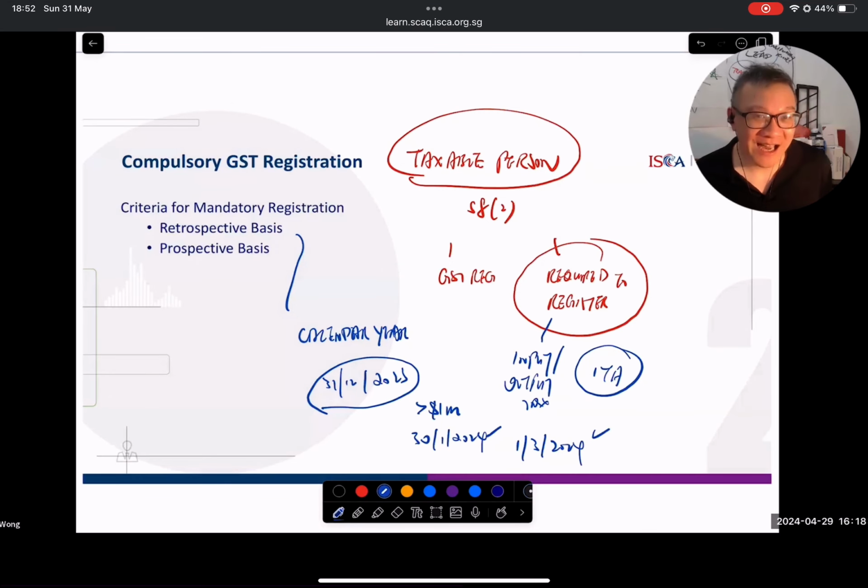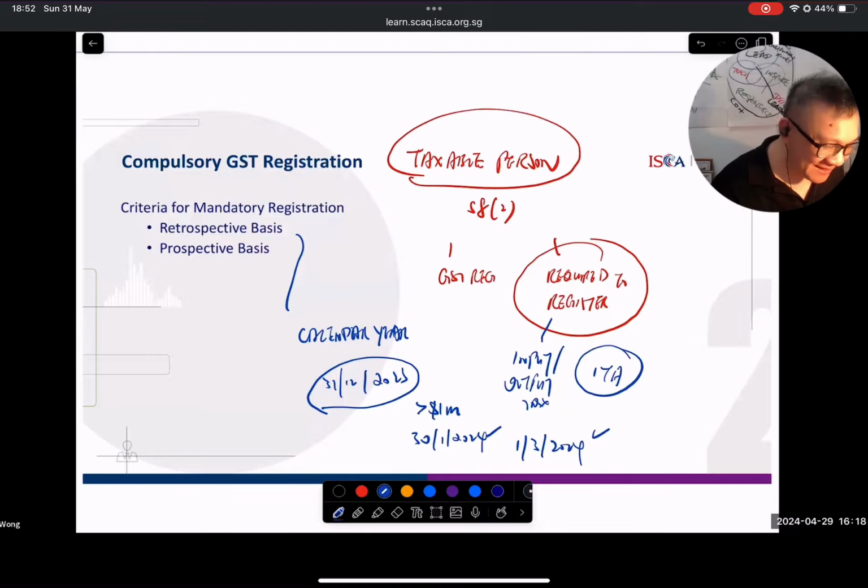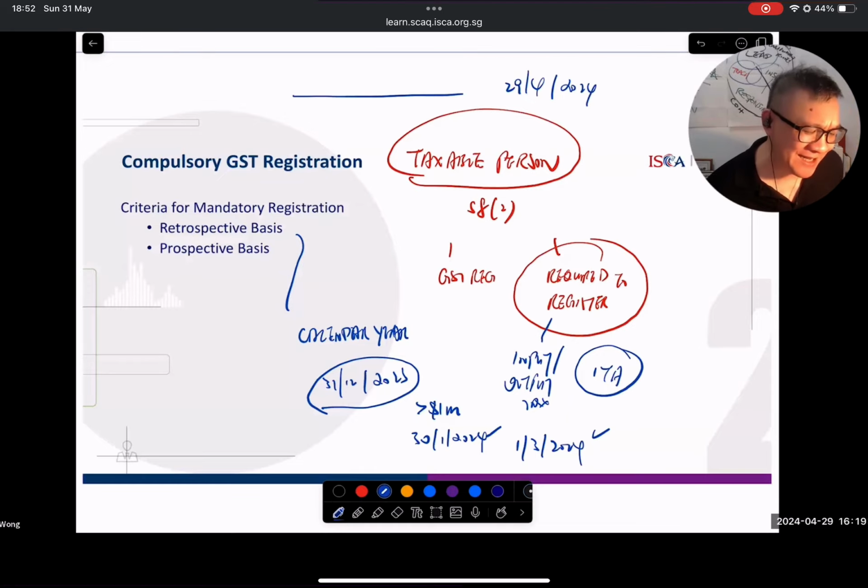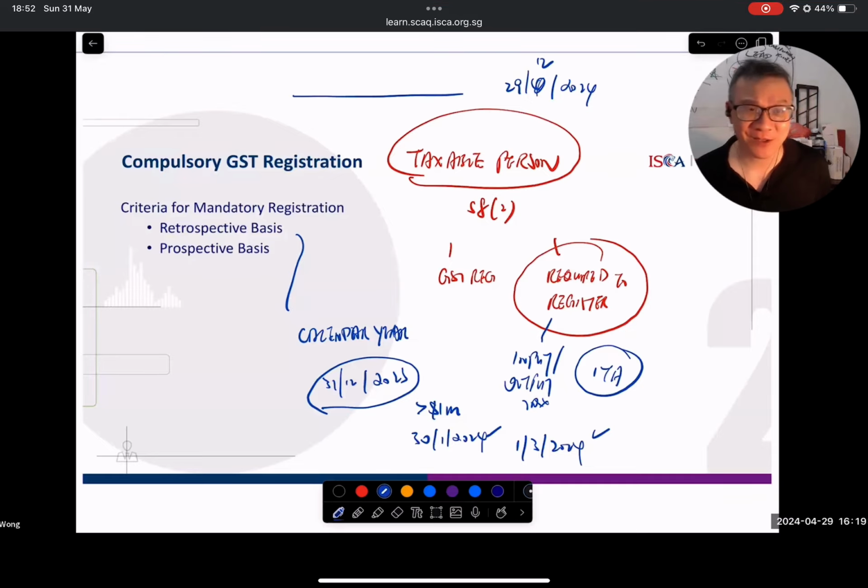So what IRAS would do is to bring the situation of the business back to 1st of March 2024. Let's suppose today's date at the time of this recording is 29th of April 2024, it's not so bad. But let's suppose we talk about 29th of December 2024, which is Q4 of 2024.